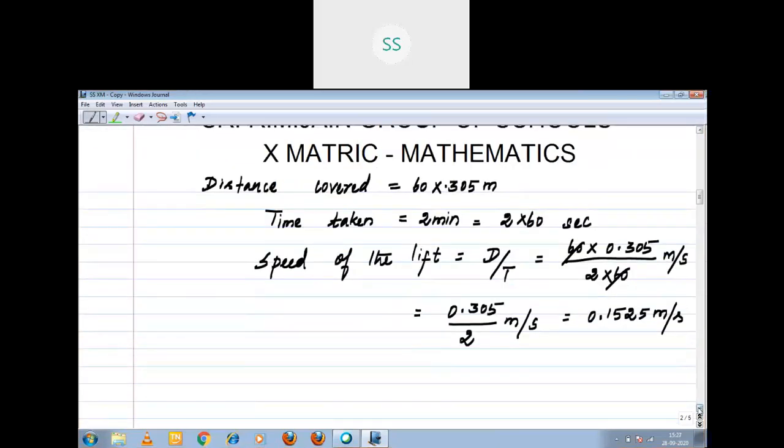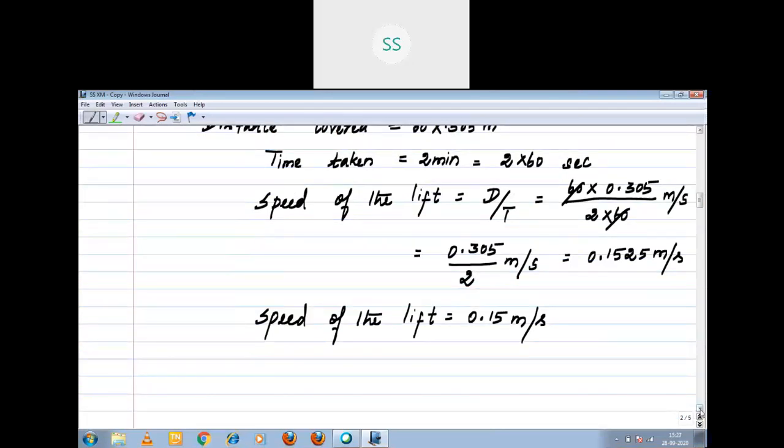If you want in feet, that also I am going to do, right? Speed of the lift equal to 0.15 meter per second. If you want the answer in terms of feet, that I am going to do in feet also, right?